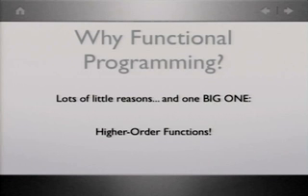But the most important thing functional programming gives us is support for higher-order functions. Higher-order functions are functions that can take functions as arguments and return functions as results. I'm going to say that once more. Higher-order functions can take functions as arguments and return functions as results. You don't really have to remember that, though.